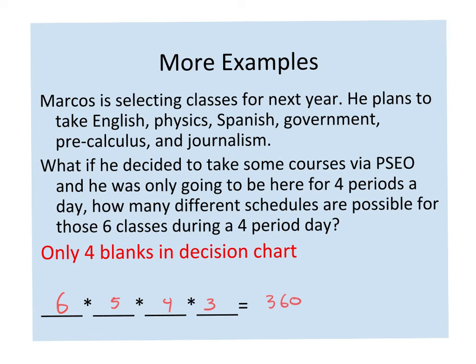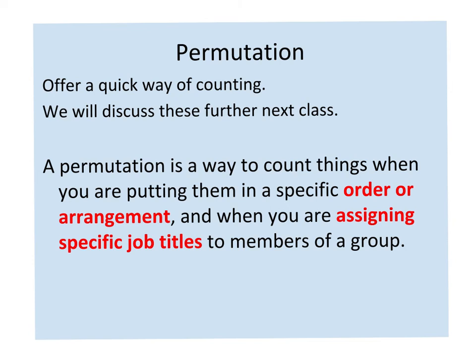Well, this is something that comes up quite a bit in math, where we only want to take part of a group or certain members of a group, and we want to arrange those members. So one way of doing that would be a decision chart, but that's kind of a lot of work, and there should be an easier way of doing it, and there is. To do that, we use something called a permutation.